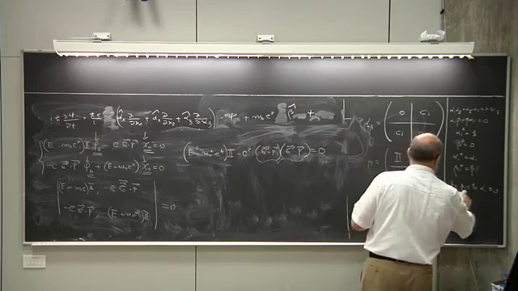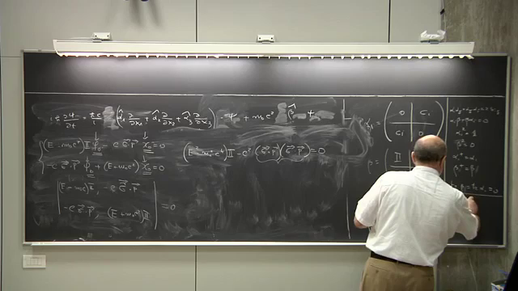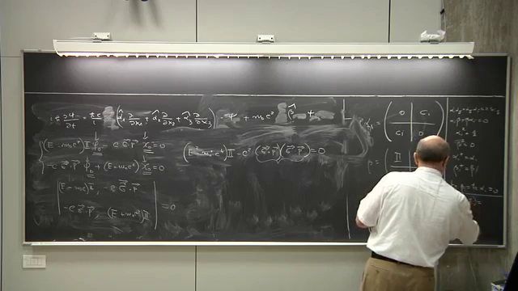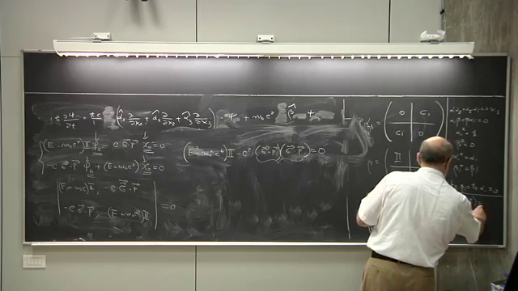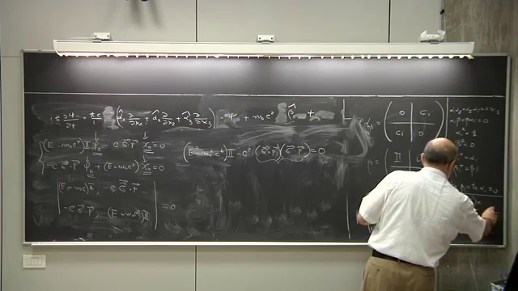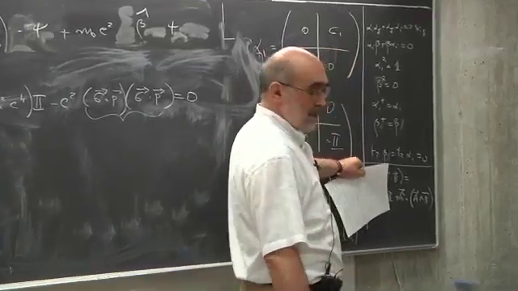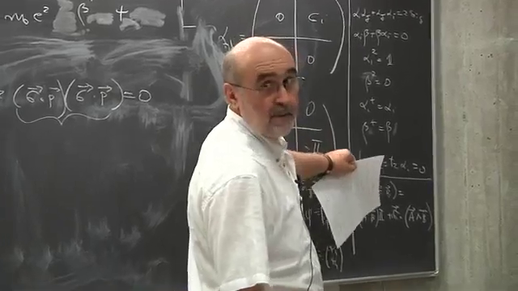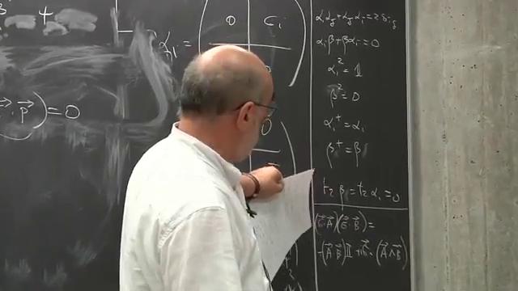If you have sigma multiplied by a vector A, times sigma multiplied by another vector B, this is equal to the scalar product of A and B multiplied by the identity in 2 by 2, plus i sigma times the vector product A wedge B. This is a well-known identity for sigma matrices that for sure you have seen. If you have not seen it, work it out at least to see.